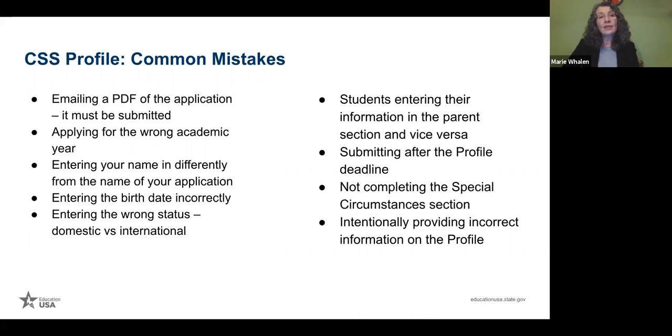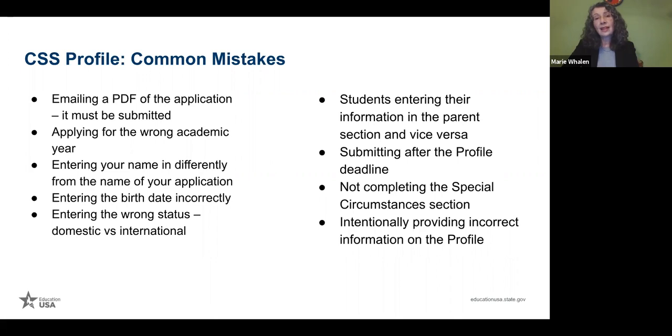If the name on your CSS profile and the name on your application for admission do not match, it will be very difficult to connect those applications to one another. And the financial aid office will not think that you have submitted that. It's really important in all of your documents that names match.